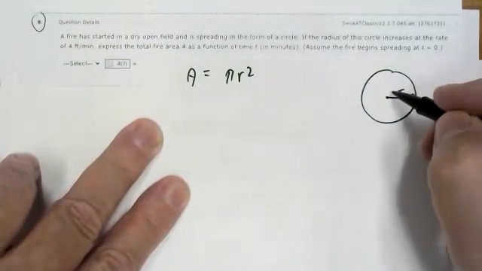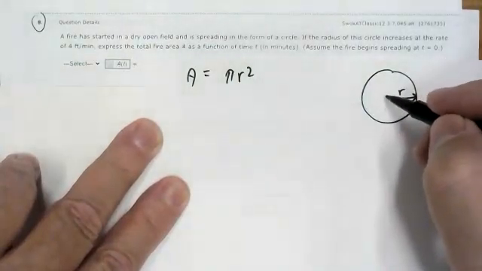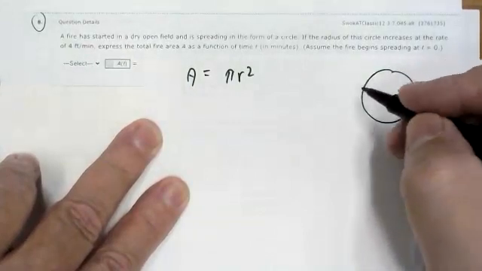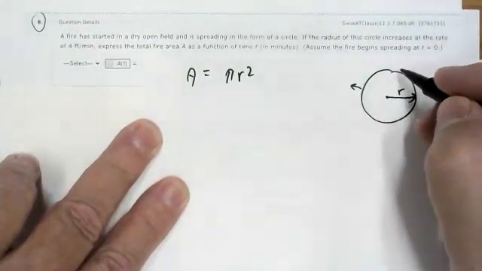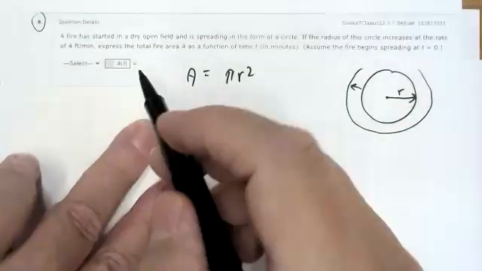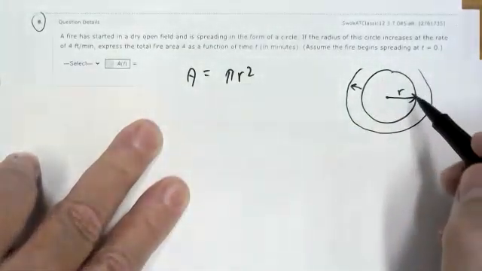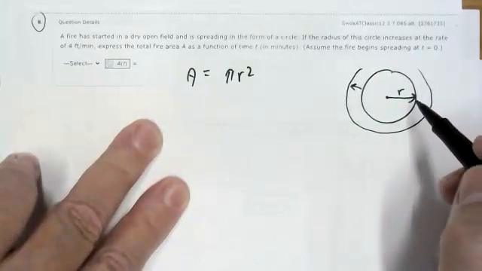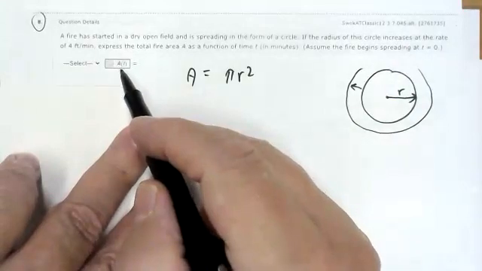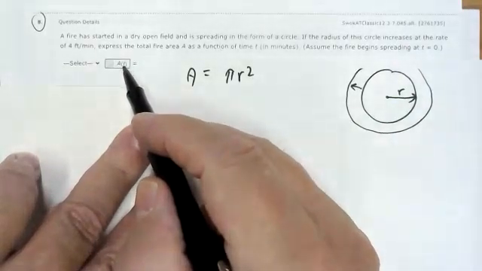Now the thing is, this fire is continually spreading, so this circle is continually getting larger and larger. So the area of this circle is constantly changing. It's just not the same. It's constantly getting bigger.